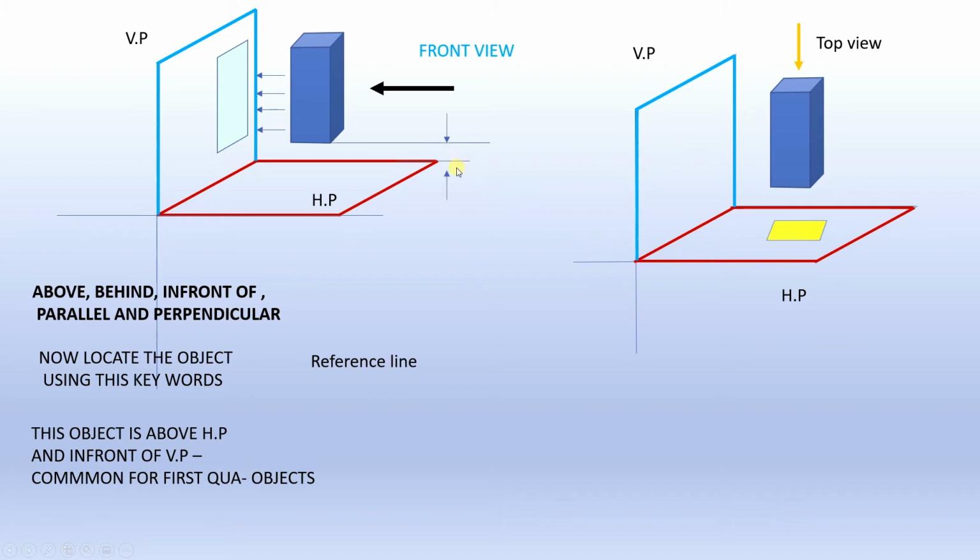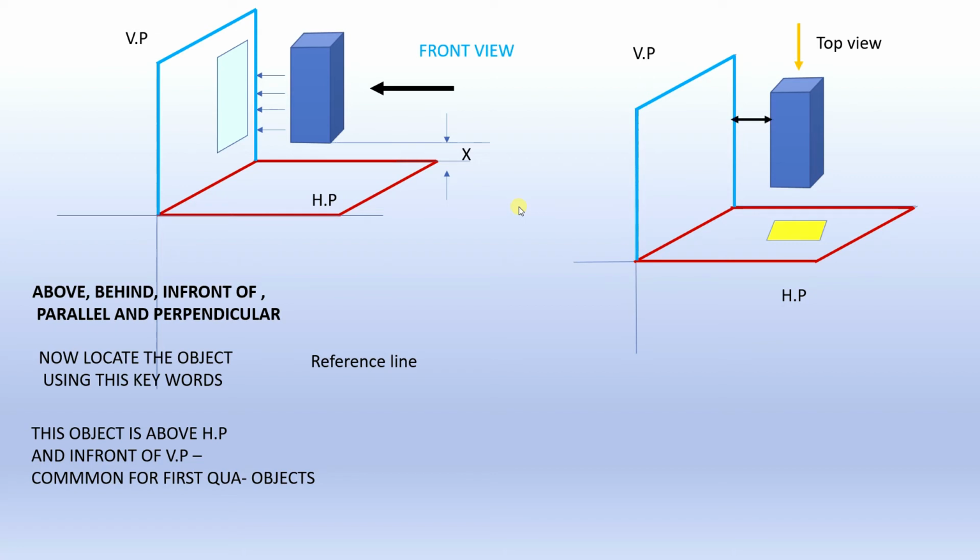Now this small distance that I made is X. That means just above HP, how much above the HP. So commonly I give this X. If you read the sums, sometimes they give 15 above HP, 20 above HP. If the problem does not mention how much above HP, just take some random value and keep it constant throughout the problem.